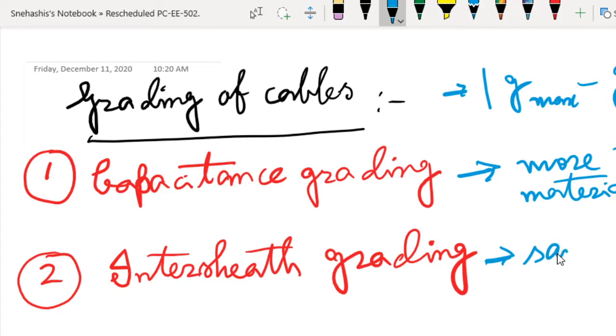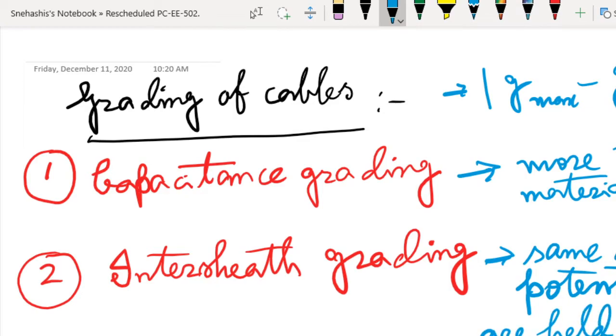Here, the same dielectric material is used, but potentials at certain radii are held at certain values by using intersheaths.